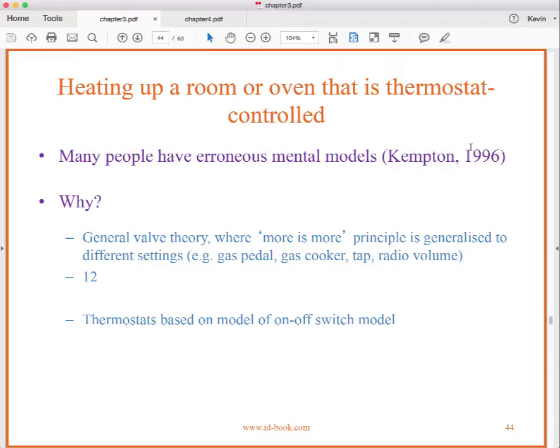Now, it's entirely open to question whether applying more heat in terms of warming up your house or warming up your food would be a good idea. I mean, there could be some aspects of that that are good or bad, okay? But the fact is that the general valve theory that they have doesn't actually work that way on things that have thermostats, okay?